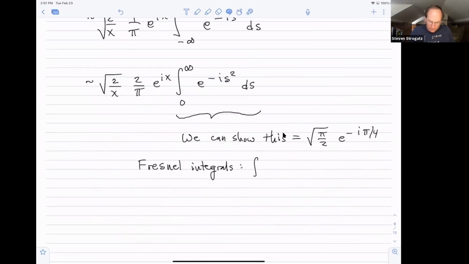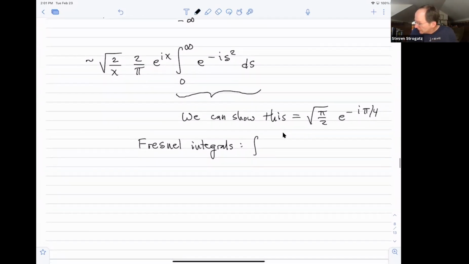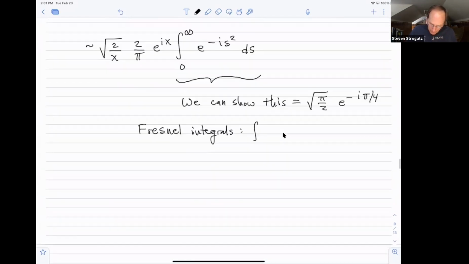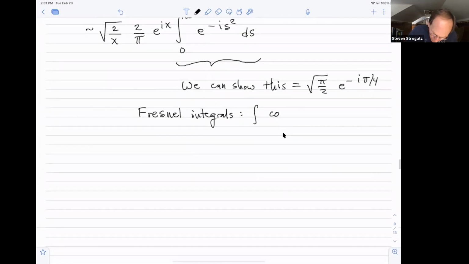So the results are that if I do cosine of s squared ds from 0 to infinity, you get, well, I should be able to read that off.